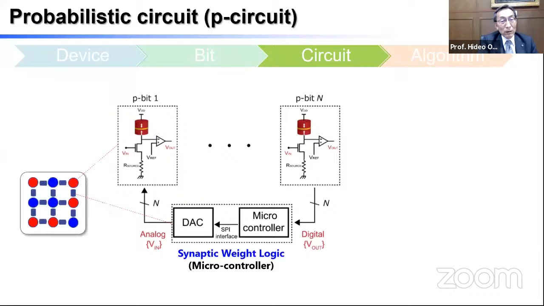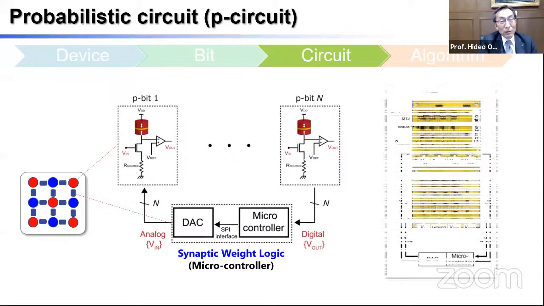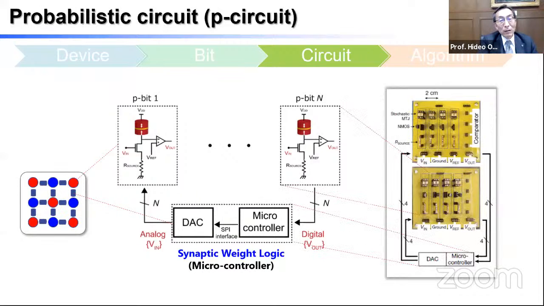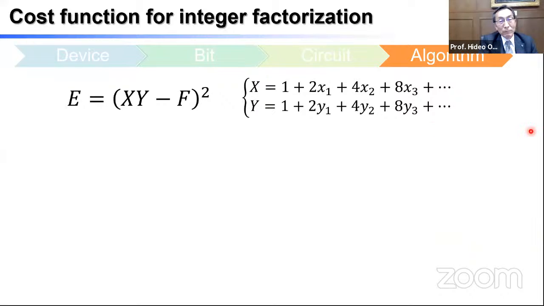So these are our stochastic devices. We connected them with the synaptic weight logic, with a microcontroller, and implemented an algorithm into it, as shown here. This f is the number you want to factorize, and x and y are the numbers of the solutions.